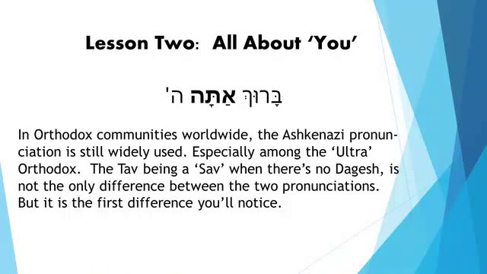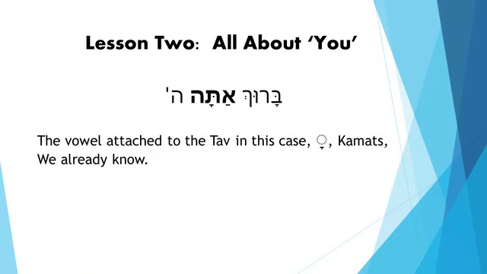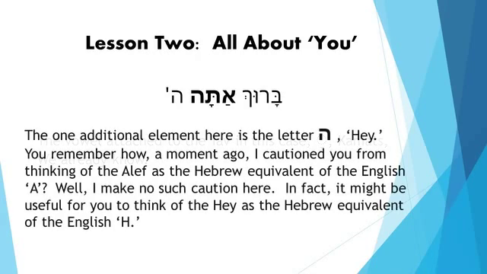The tav being a sav when there's no dagesh is not the only difference between the two pronunciations, but it is the first difference you'll notice. The vowel attached to the taf in this case, kamatz, we already know. The one additional element here is the letter He.